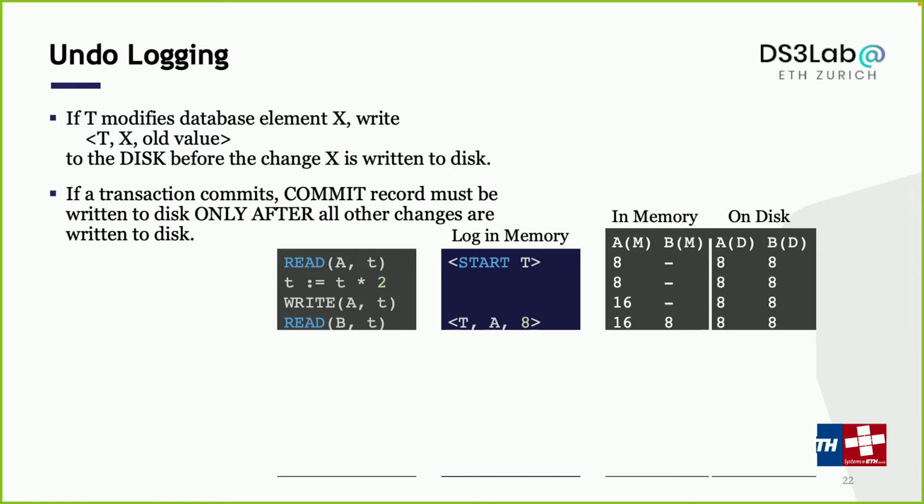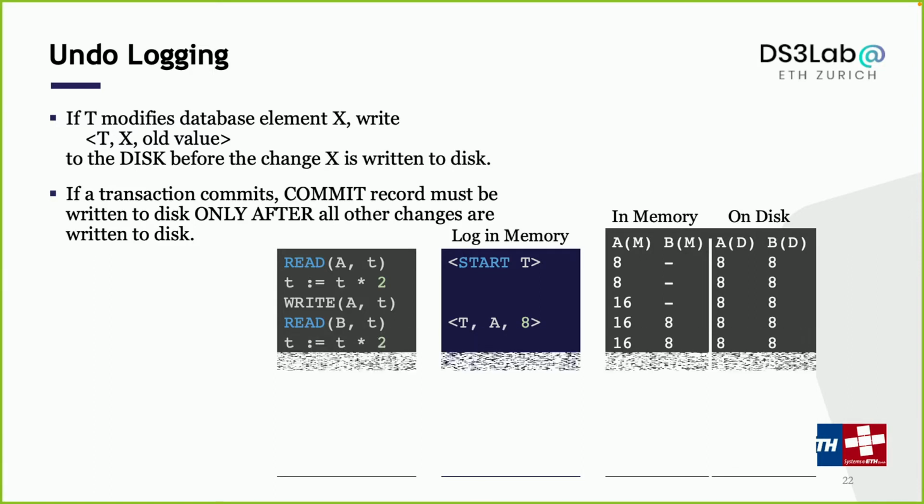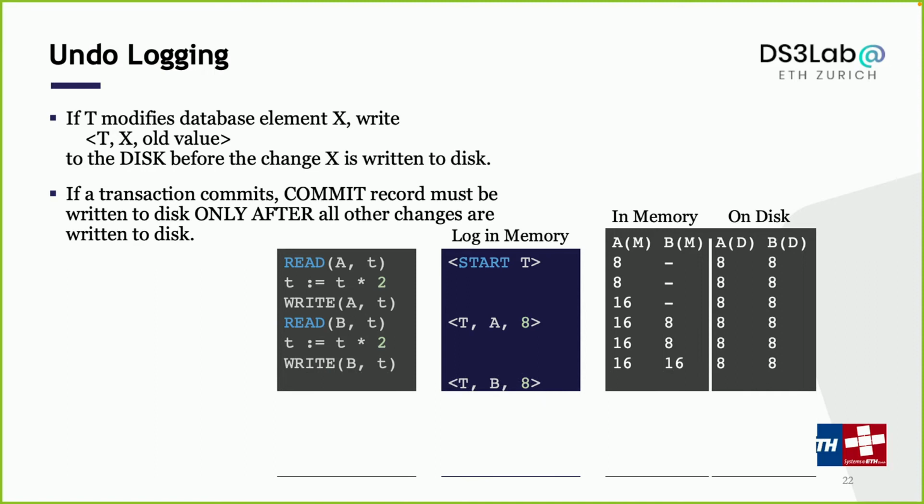And then you continue to read B, you operate on B, you write B. Whenever you write B, you reflect the change in memory. Then you have another log record like this. Now, assuming I want to commit, what do I need to do? In the protocol, essentially there are two steps.